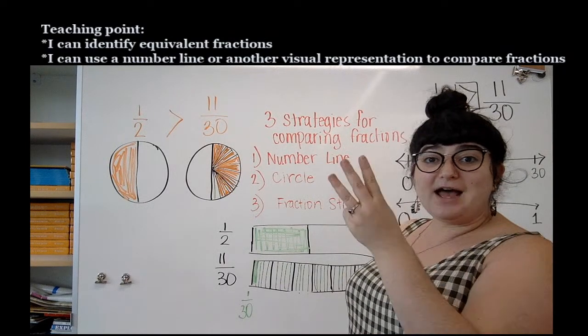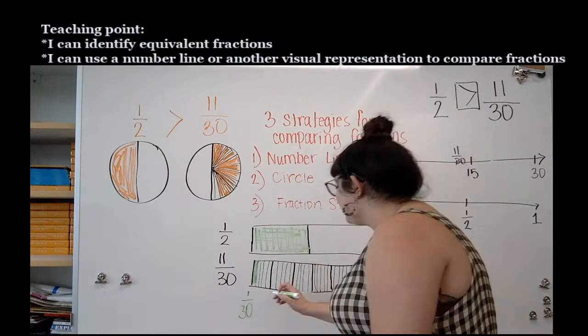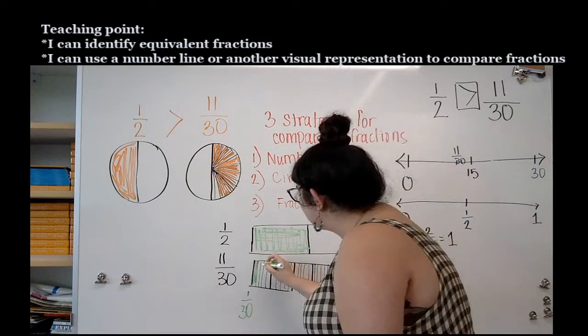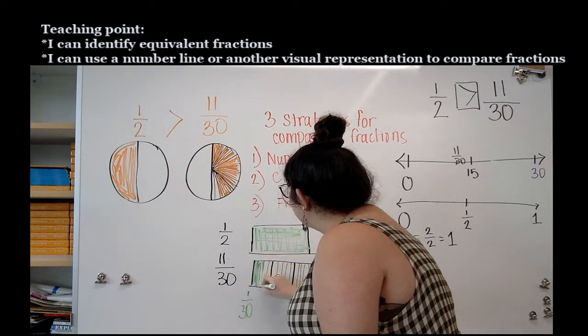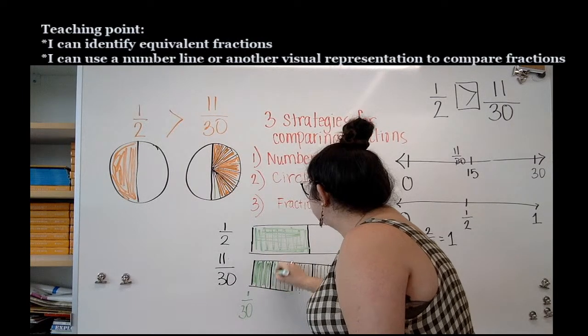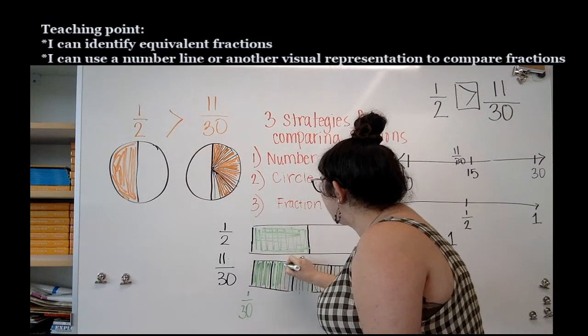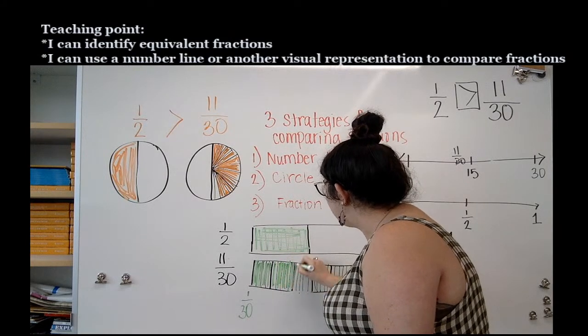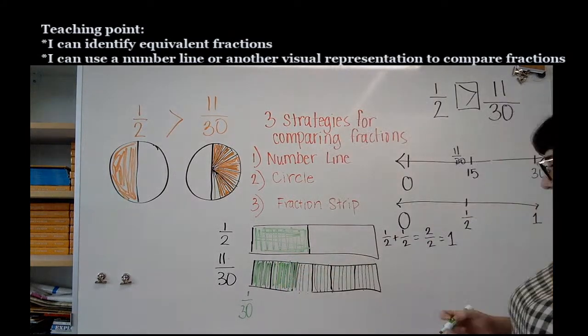Then we have Adrian, that's 3/30ths, right? But we need to count all the way up to 11, right? So we have 1, 2, 3, 4, 5, 6. Count with me. 7, 8, 9, 10, and 11.